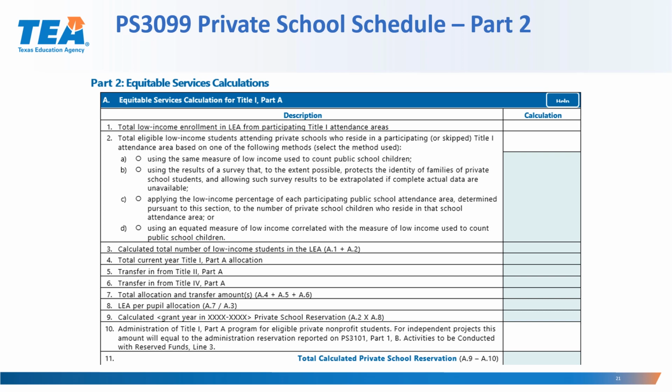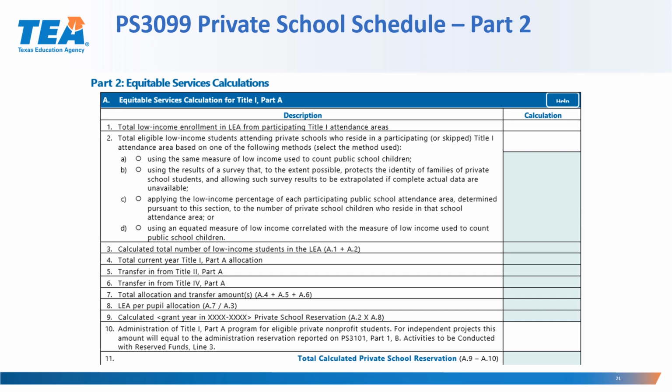Here is a copy of the PS 3099 Private School Schedule, Part 2. This is just an example of Title I, Part A, and the calculations for equitable services.